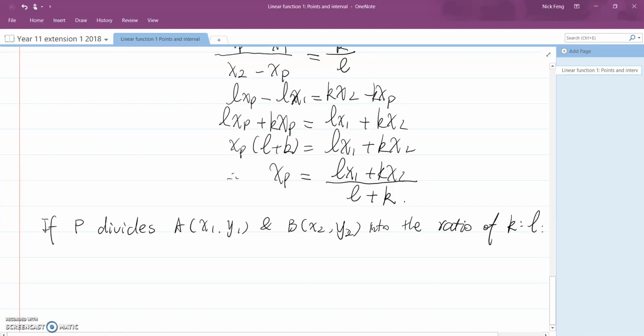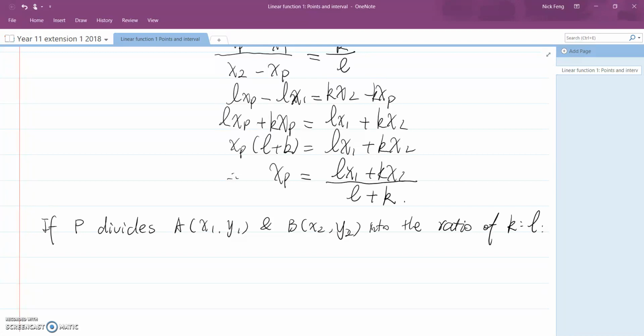Here's the thing. Normally in coordinate geometry, AB is exactly the same as BA. But in this very specific concept, AB is not the same as BA.